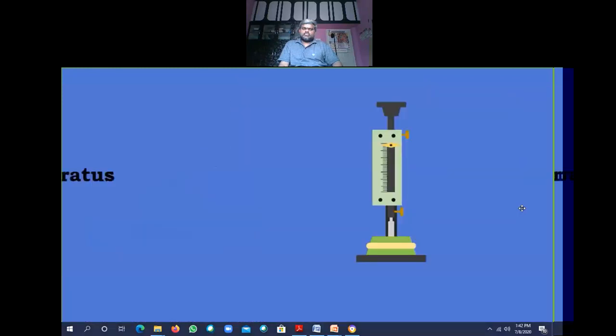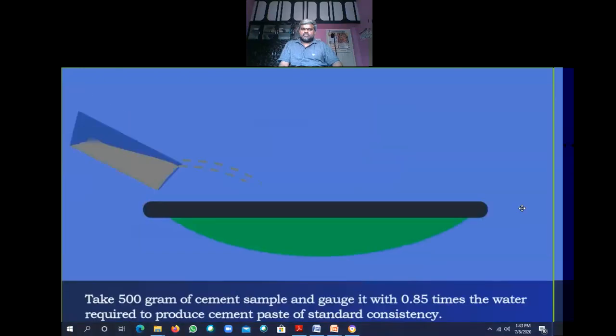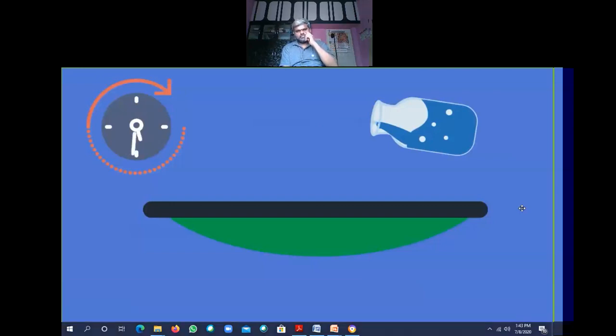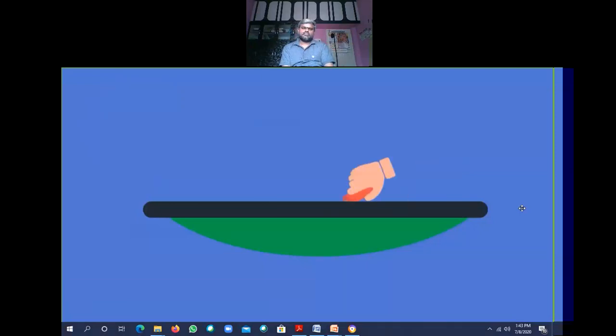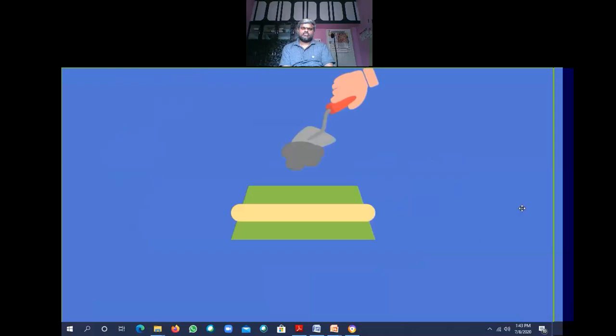The water is calculated using consistency test results. Take 500 grams cement sample and weigh 0.85 times the water for the cement based on standard consistency. Start the stopwatch and mix the cement in the standard manner for 3 to 5 minutes.